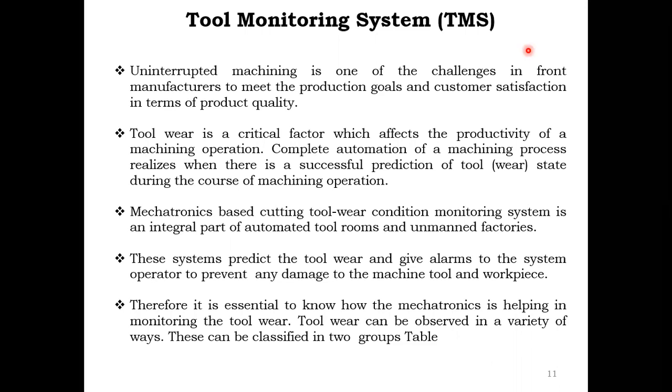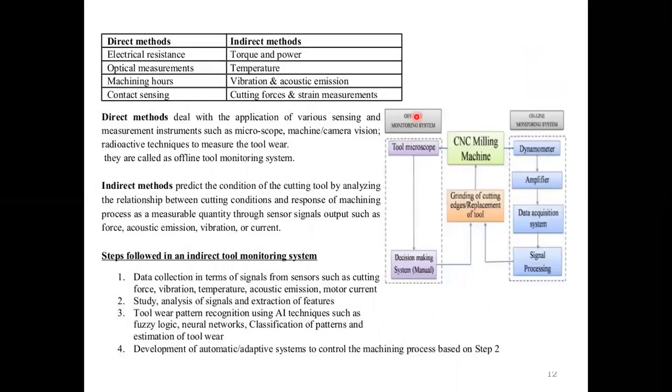Tool wear can be observed in a variety of ways. These can be classified into two groups. One is the direct method tool monitoring system. Another one is the indirect method tool monitoring system. Direct method means electrical resistance, optical measurements, machining hours, and contact sensing. In the indirect method, they use torque, power, temperature, vibration, acoustic emissions, cutting forces, and strain measurements.